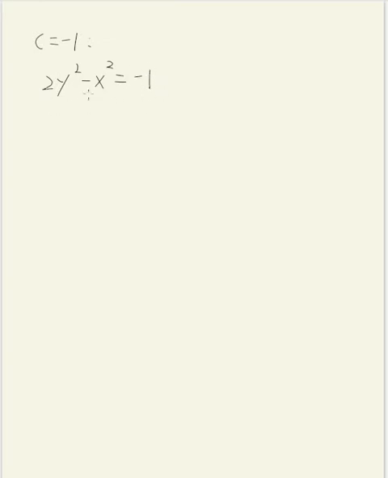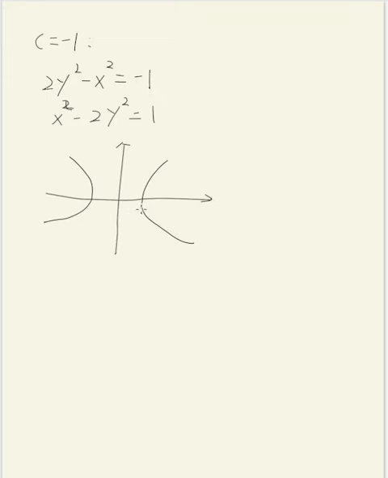If you multiply minus 1 to both sides, you get x squared minus 2y squared equals 1. This is again a hyperbola just pointing sideways, so it's two curves pointing towards the positive and negative sides of the x-axis.